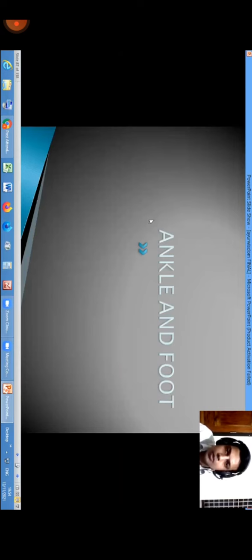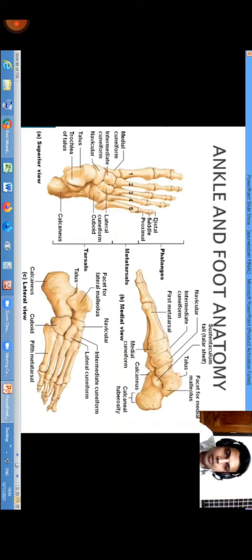Then ankle and foot. Coming to the anatomy, the tarsal bones are important. We can see talus, calcaneum, cuboid, navicular, which is somewhat boat-shaped, lateral cuneiform, intermediate cuneiform, and medial cuneiform, and metatarsals and phalanx.